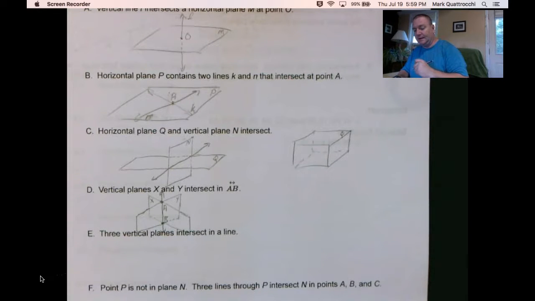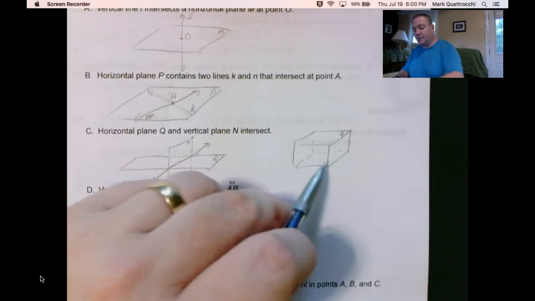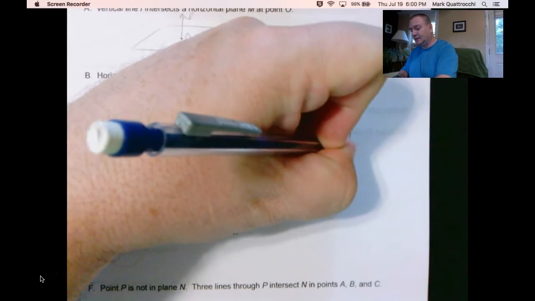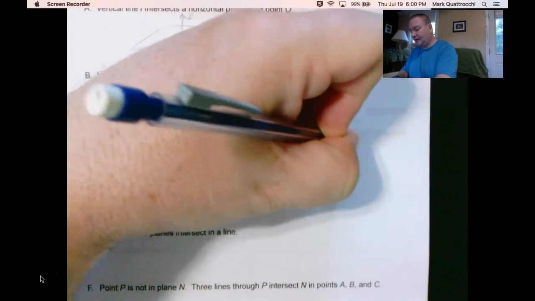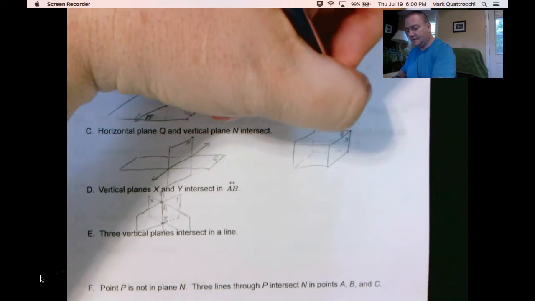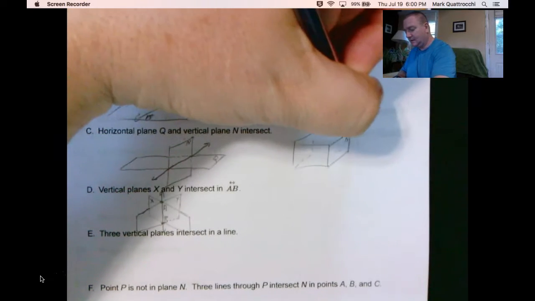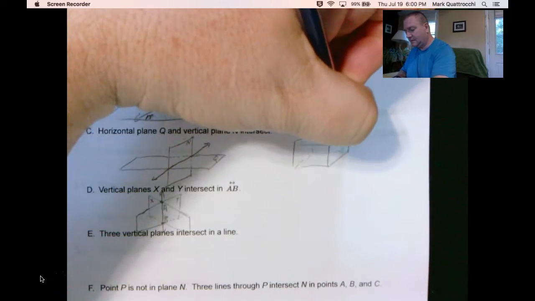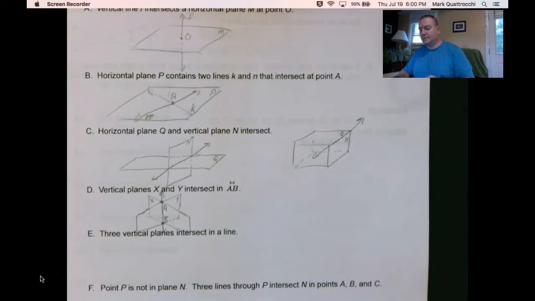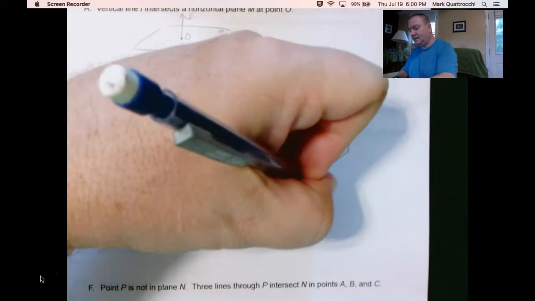Vertical plane N could be any one of the left, right, front, or back sides. Let's make it the right side here. N. And then we have a line that's connecting their intersection.